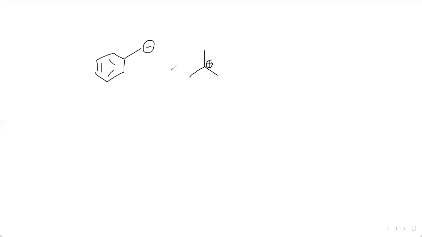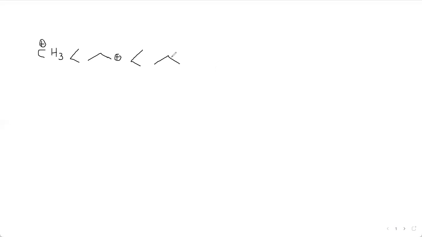Let's draw out the whole list of carbocation stability in order. The worst carbocation ever is going to be a methyl carbocation, a plus on a methyl. The next worst is going to be primary carbocation. After that is going to be secondary carbocation.